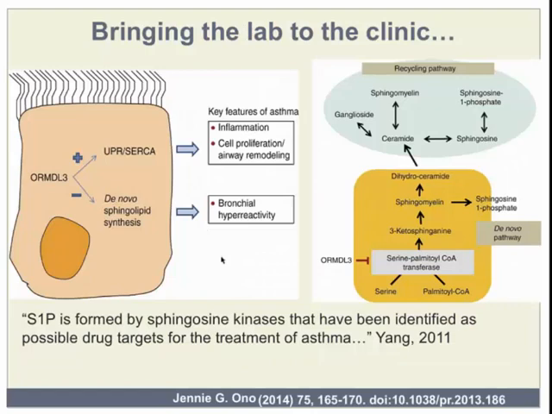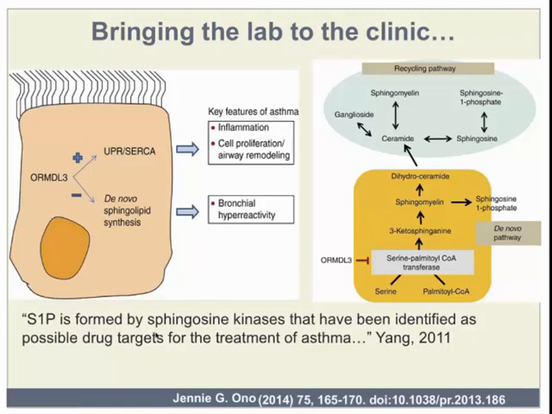The other thing that is very interesting is when we look at this pathway, and here's another example, where you have ORMDL3 inhibiting SPT, and the rest of the pathway is being downregulated. When we look at this pathway and at ORMDL3, we have already seen literature that has identified sphingosine 1-phosphate, which is the rate-limiting step in the whole sphingolipid pathway.